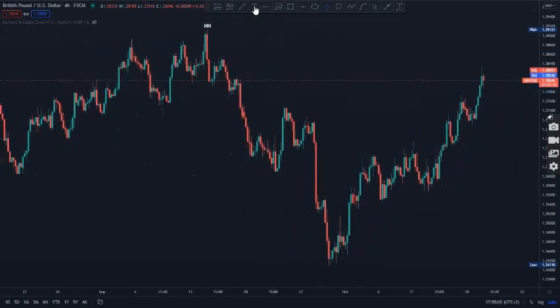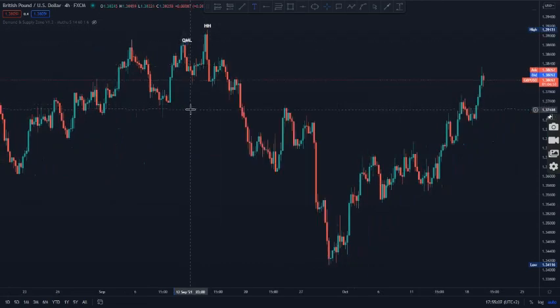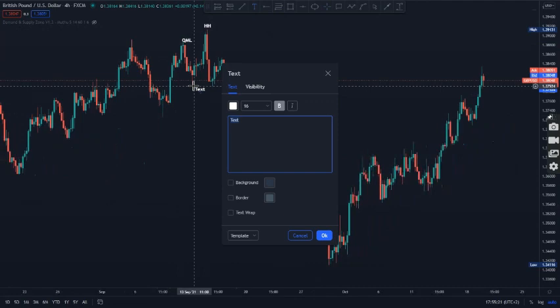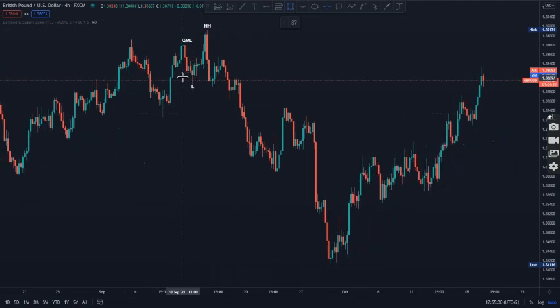Right here I have my QML, which is my Quasimodo level, and then I have my low right there.